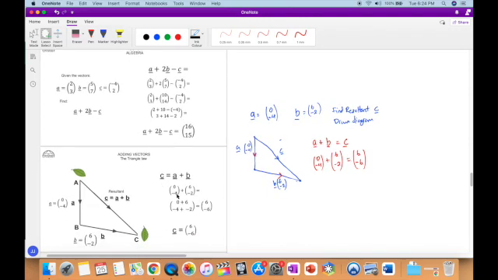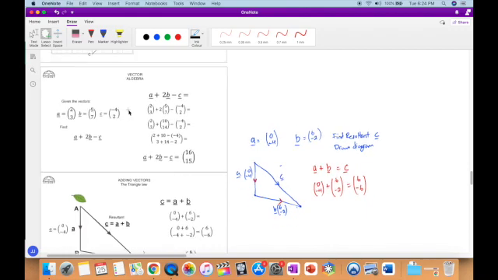At the end of the day, we are using the triangle law and vector algebra together, right? So the triangle law helps us decide what vectors we add, or maybe we have to subtract, and then we do that using algebra, right?